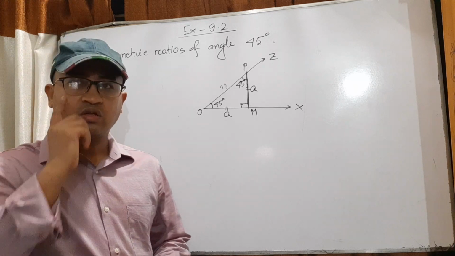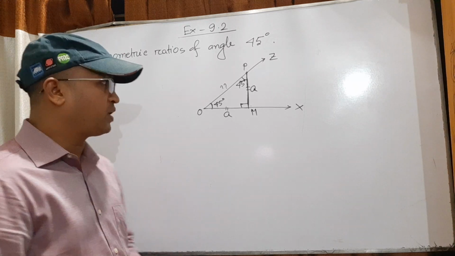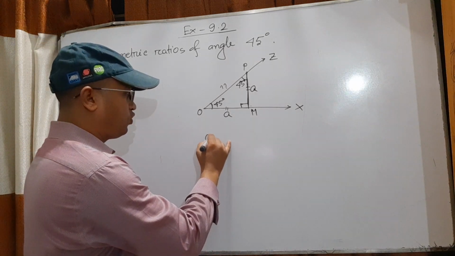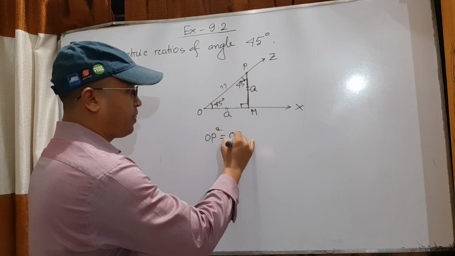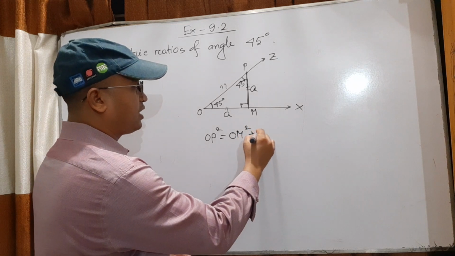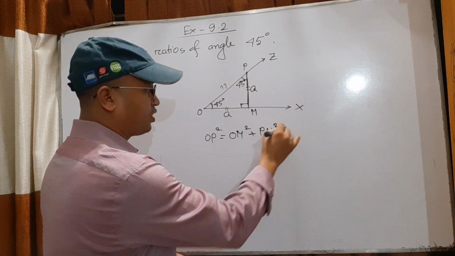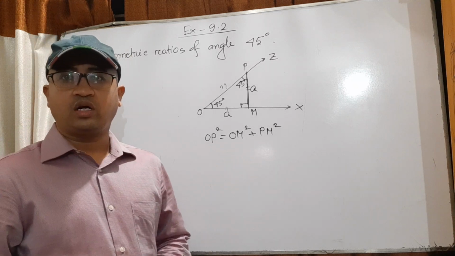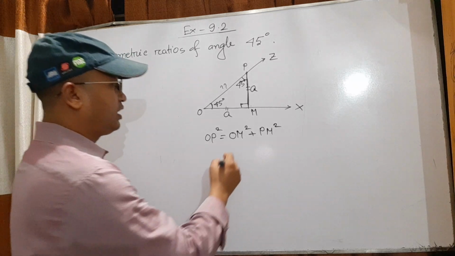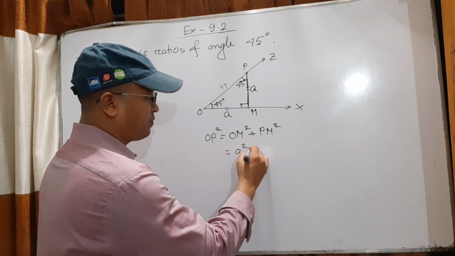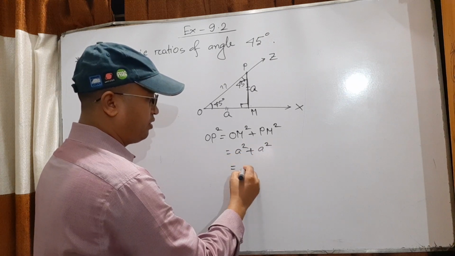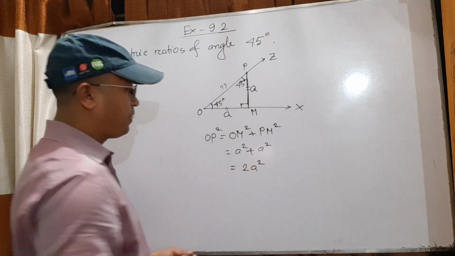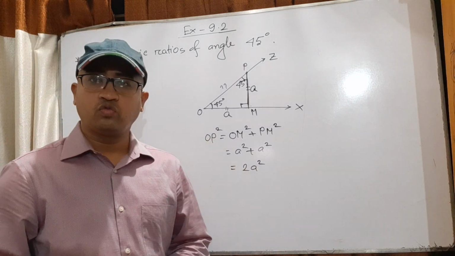So by the Pythagoras theorem we can find the value of OP, that is OP square equal to OM square plus PM square. Hypotenuse square is equal to the sum of the other two sides squared, that is a square plus a square, 2a square. OP square equals 2a square.